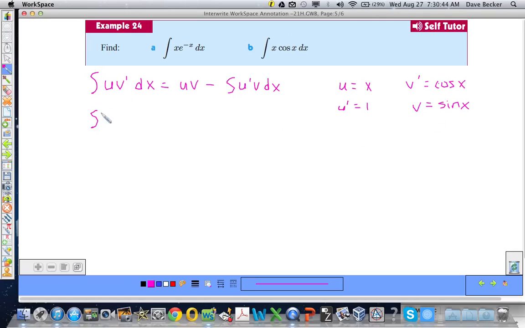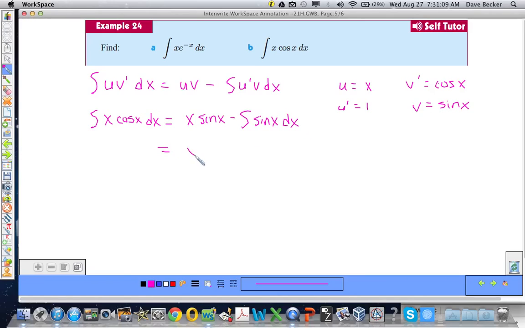So the integral of x cosine x dx is equal to uv, so that is going to be x sine x, minus the integral of u prime v, so that's 1 times sine x, or sine x dx. Could this work out any better?